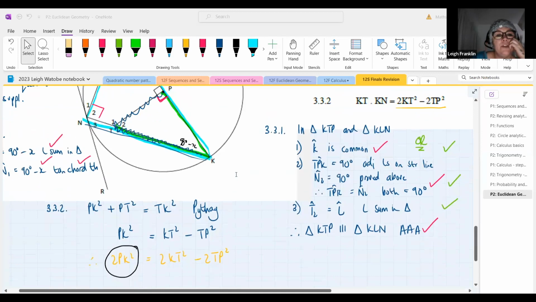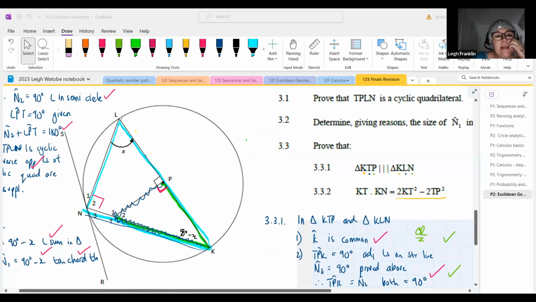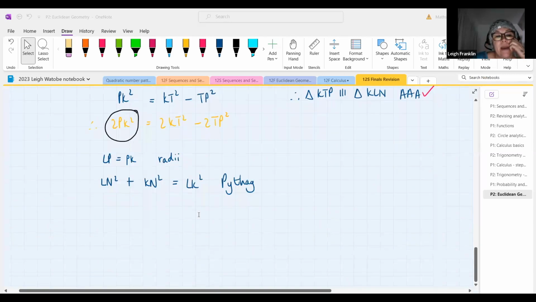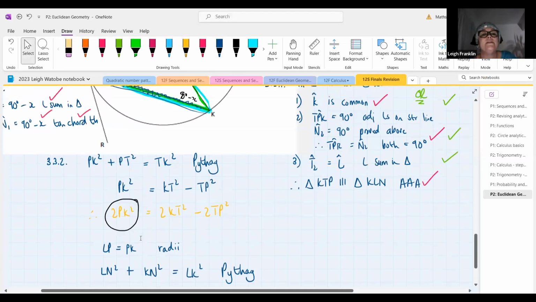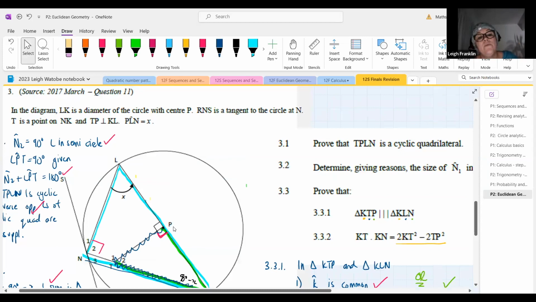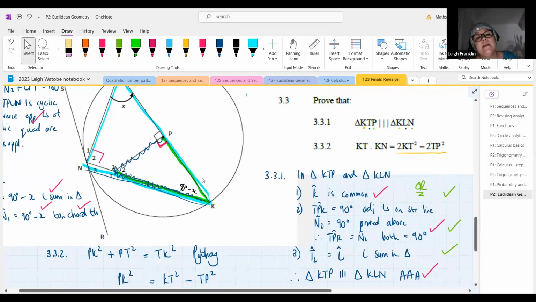So now what I want to do is, in place of LK, express LK in terms of PK. What I was saying about LP being equal to PK because of radii is what's important. So in place of LK squared, I'm going to write 2PK squared.